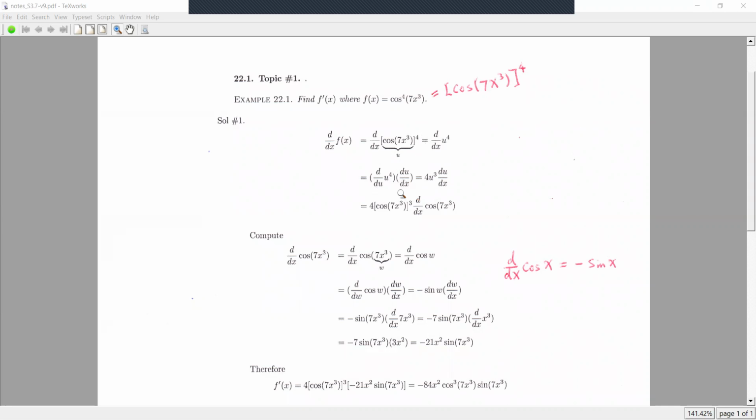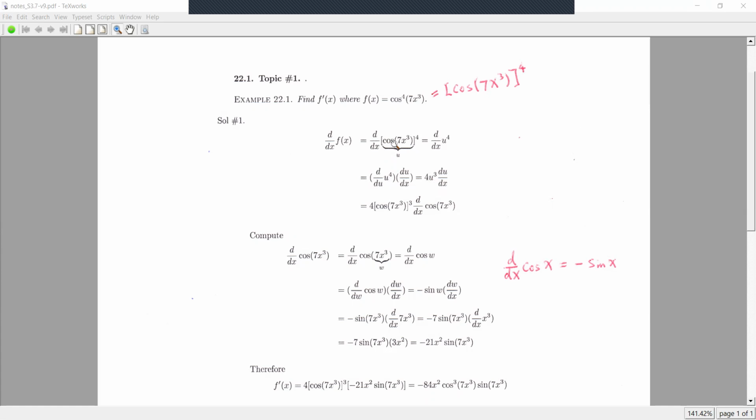This is a product of two derivatives. The first derivative is the derivative on u to the fourth with respect to u. By formula, it is 4 times u to the third. Now, remove the intermediate variable u.